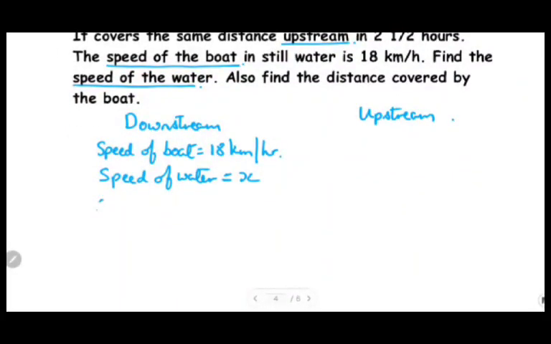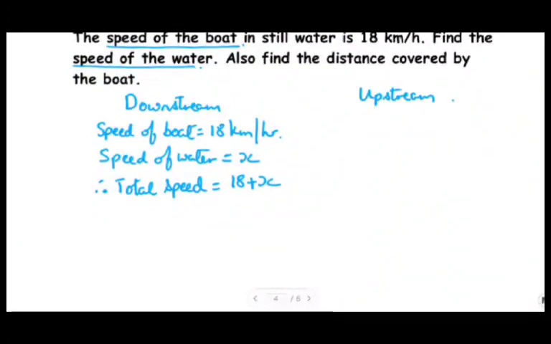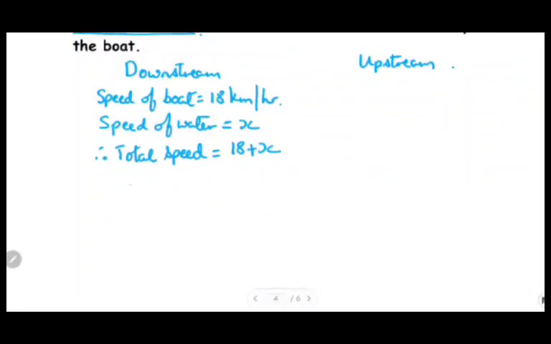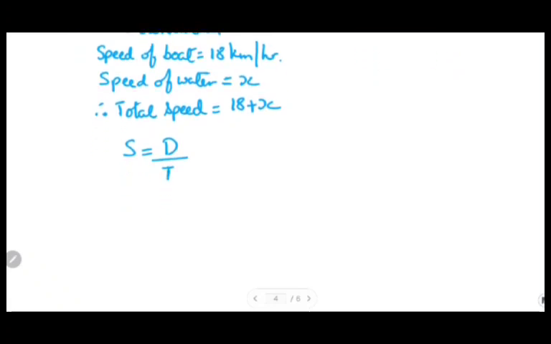So therefore, total speed is going to be 18 plus x, correct, children? Now we'll do the upstream in some time, children. First, we'll finish the downstream part of it. So, what's the formula for speed? Speed is equal to distance upon time, correct?